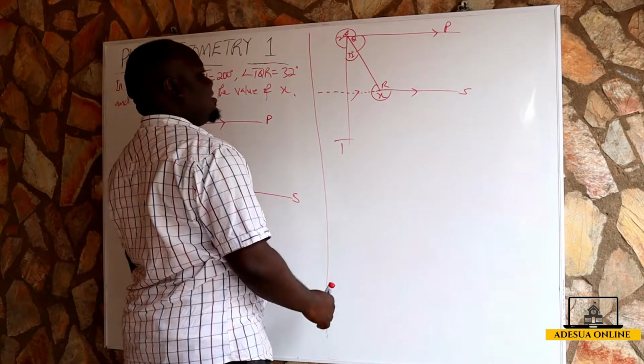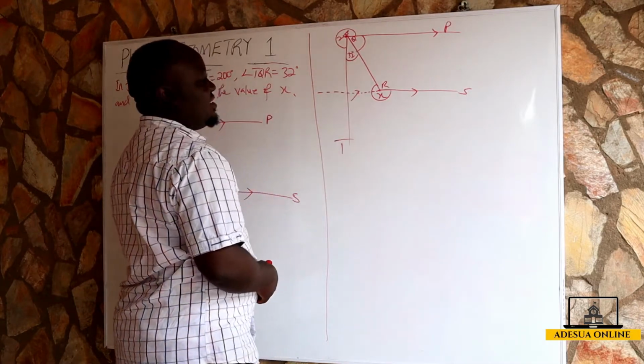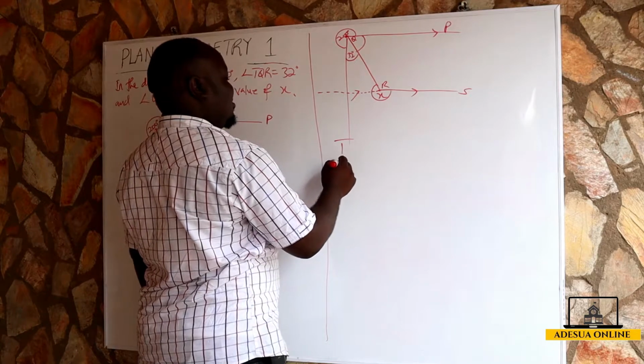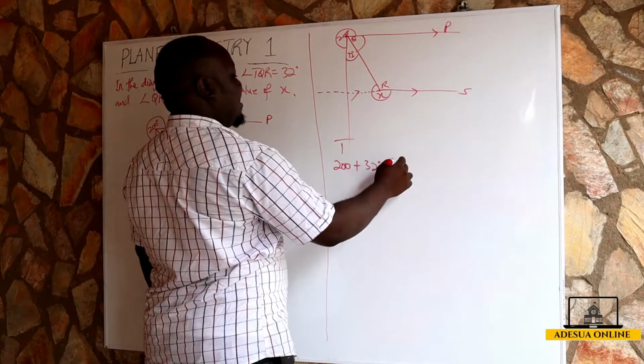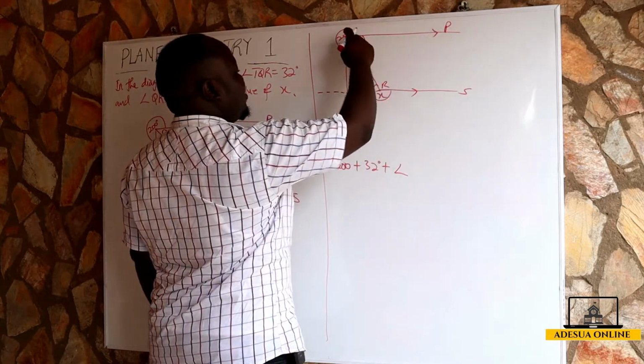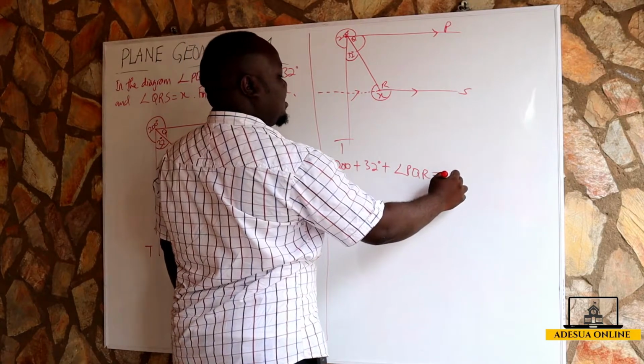So we can say that sum of angles at a point, the point Q, is 360. So you can say 200 plus 32 plus the angle PQR. Angle PQR is equal to 360 degrees.